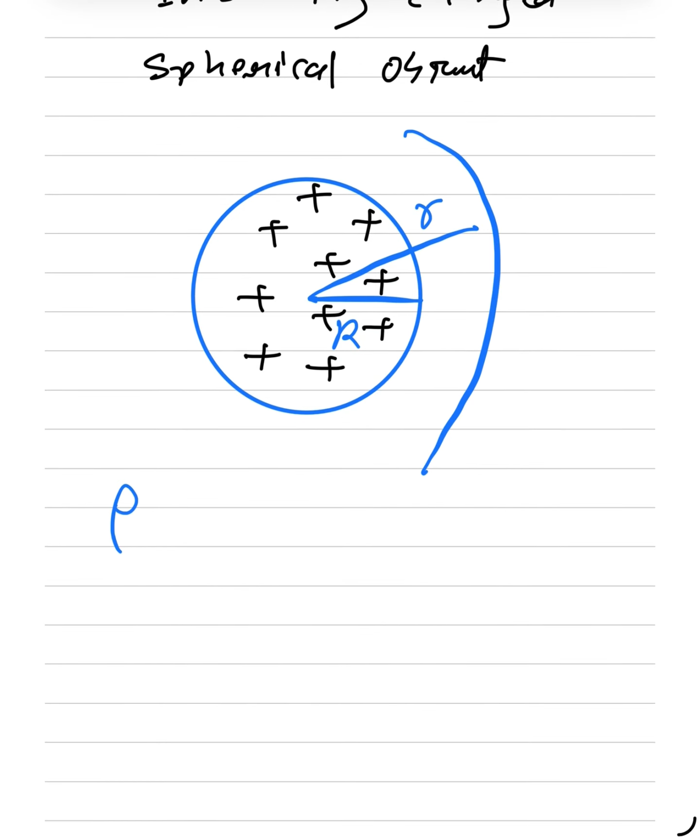With total charge q, the volume charge density rho equals charge divided by volume, where volume is 4 by 3 pi r cube.